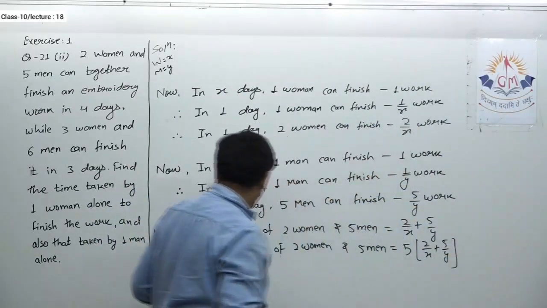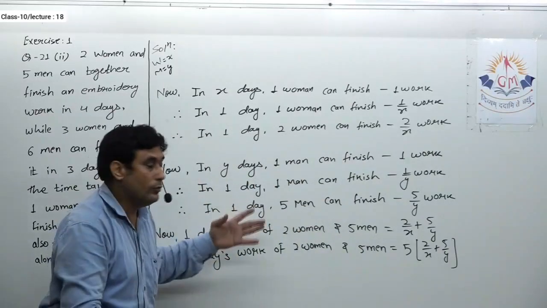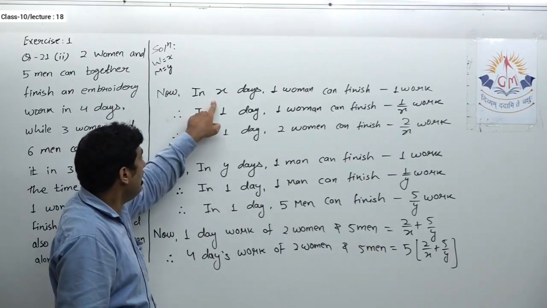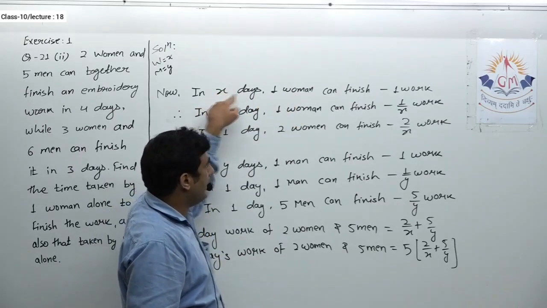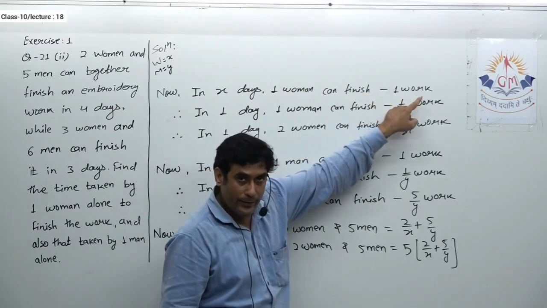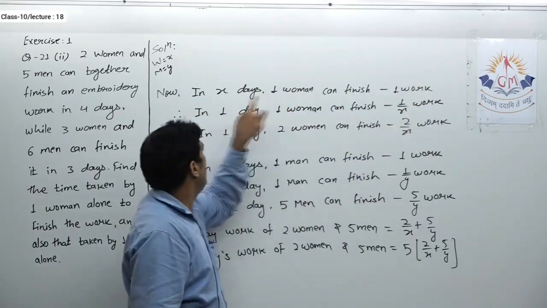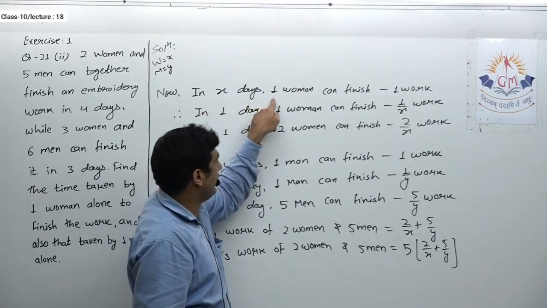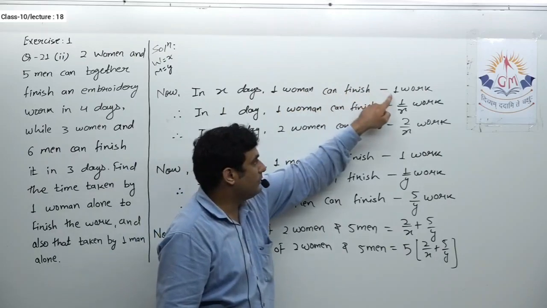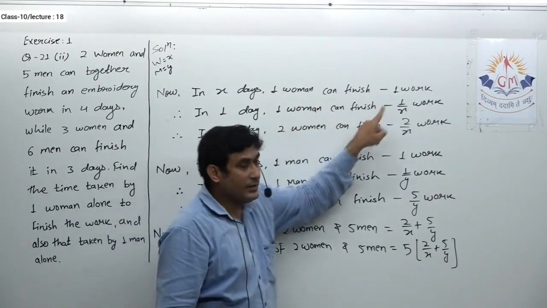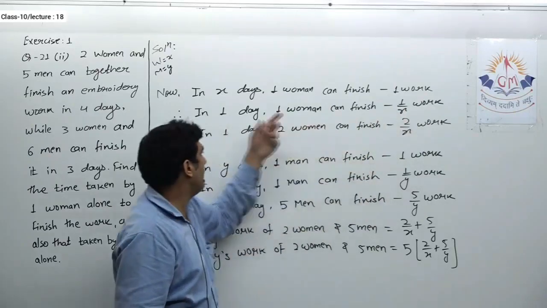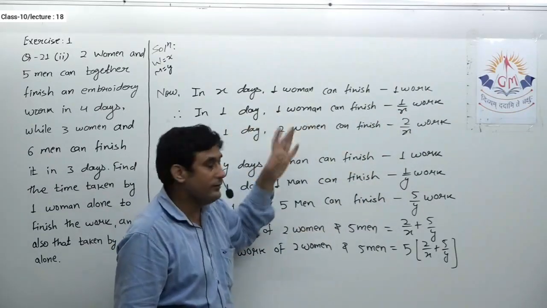Okay, so again I am explaining before I move further. We assume that one woman takes X days to finish one embroidery work or one work. So it means in X days, if one woman is able to finish one work, then in one day, one woman can finish 1 upon X work, or we can say it's 1 day work of one woman.